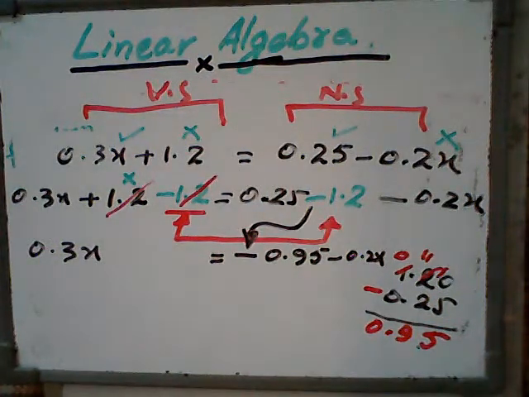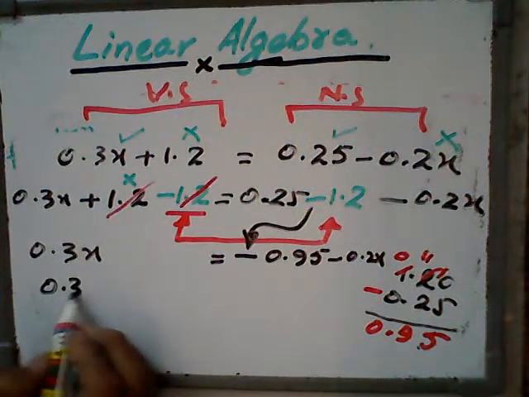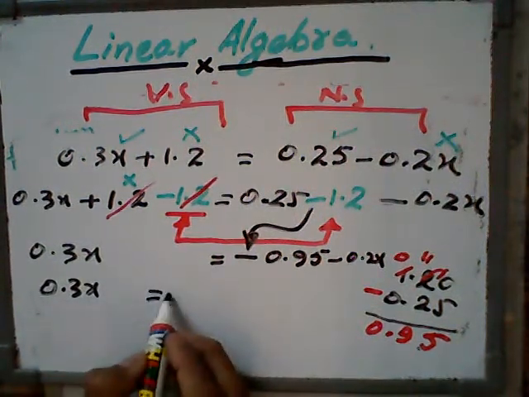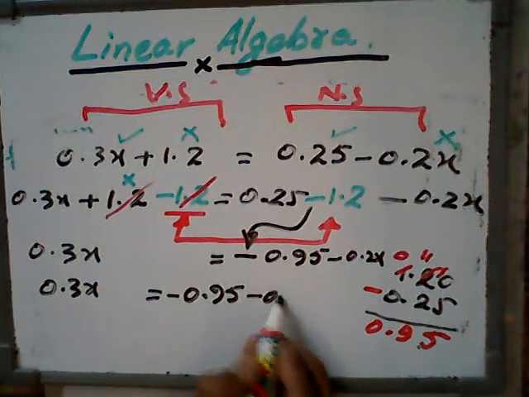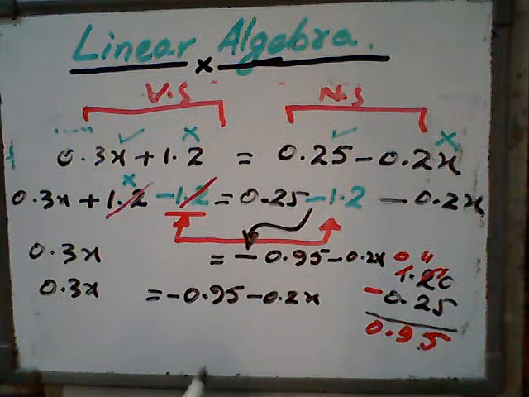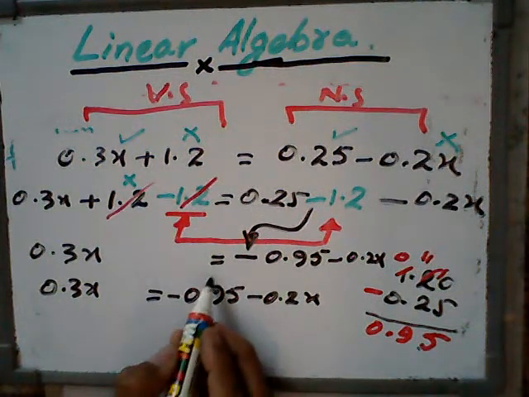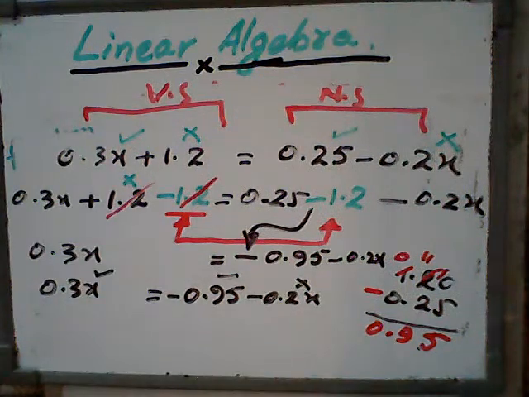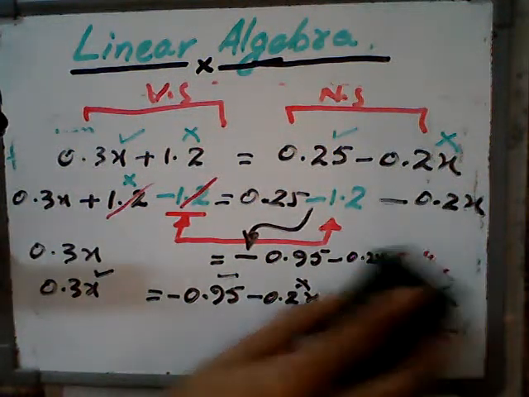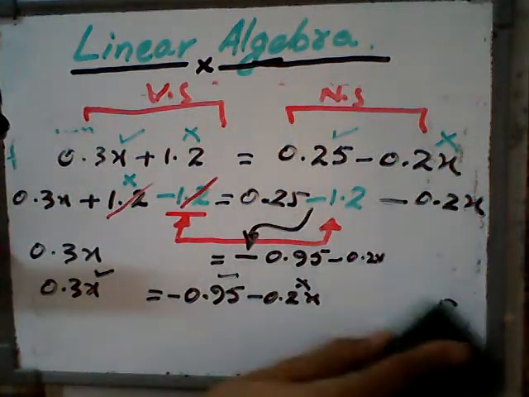Okay, now there is a number: 0.3x is equal to minus 0.95 minus 0.2x. Now we have done this. This is right place, wrong place, right place. Now we need to remove this one. How to remove this? I need to remove this one so that we could do some calculation here.